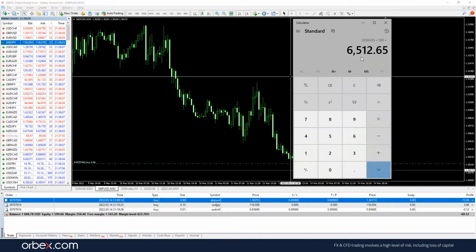That's how much funds or equity I would need to open 25 lots of pound dollar. So just keep that in mind. If you are looking to open more than 10 lots, 20 lots, or even up to 60 lots, the amount gets higher and higher.